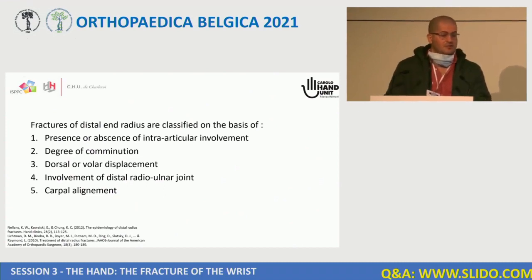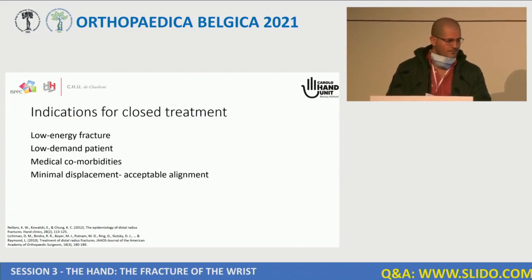The factors that we should take into consideration are the presence or absence of intra-articular involvement, the degree of comminution, the dorsal or volar displacement, the involvement of the distal radio-ulnar joint, which is a very important point, and the carpal alignment. The indications for closed treatment are low energy fracture, low demand patient, patient with medical comorbidities, and fracture with minimal displacement and acceptable alignment.